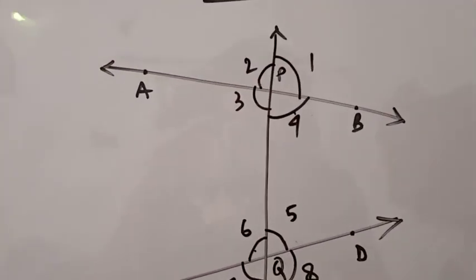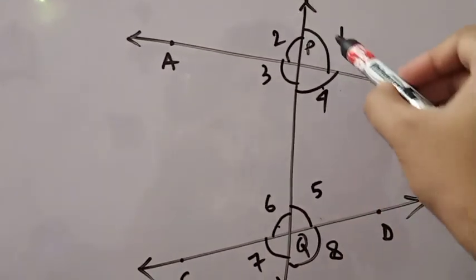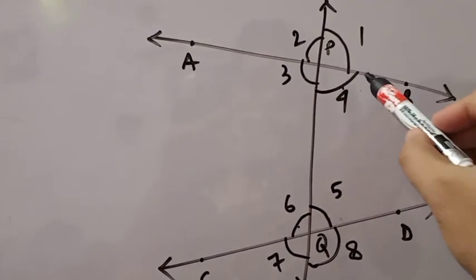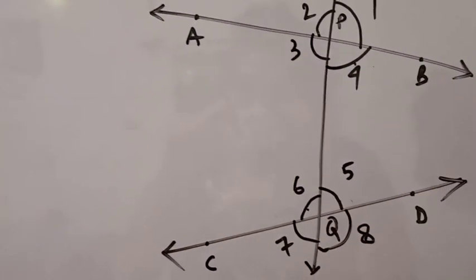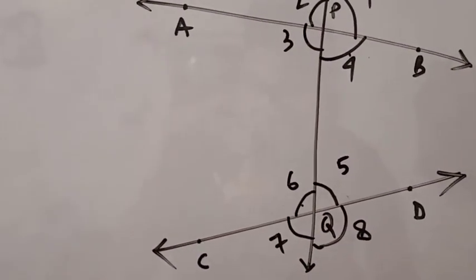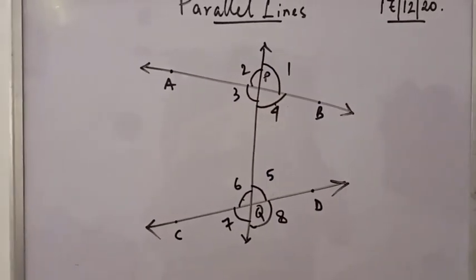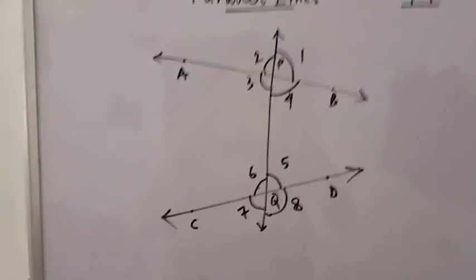Now corresponding angles. 1 and 5 are corresponding angles. 2 and 6 are corresponding angles, 4 and 8 are corresponding angles, 3 and 7 are corresponding angles. See properly, these angle abbreviations are very important.